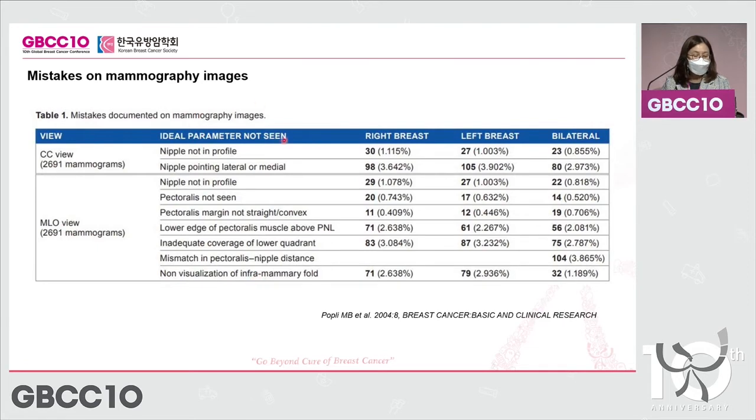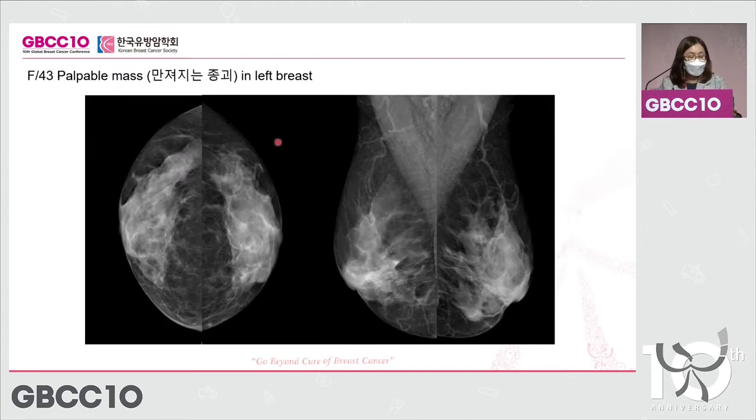So these are the different mistakes on mammography images. From the CC view, in some instances, the nipple is not in profile, or the nipple is pointing in a wrong position, so that the posterior part of the breast will not be included. In the MLO view, you will have to see whether the pectoralis is included, because if the pectoralis margin is not in profile, you will have difficulties in reading the image.